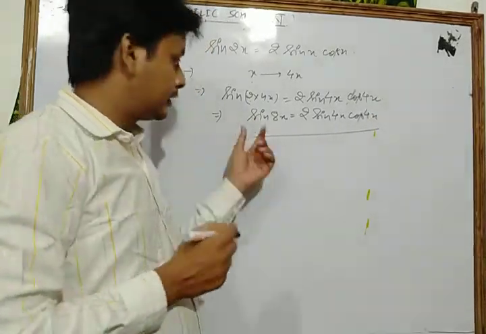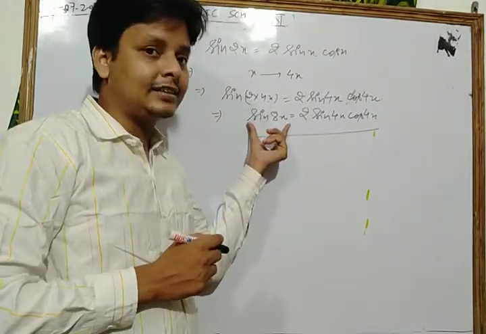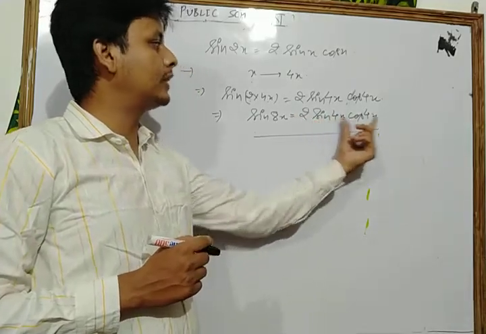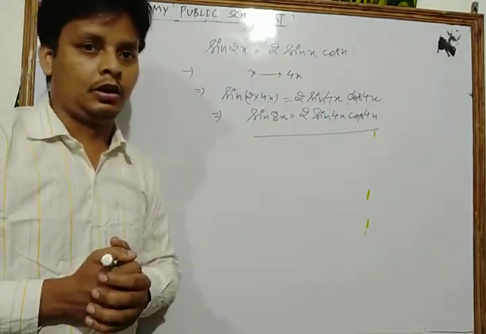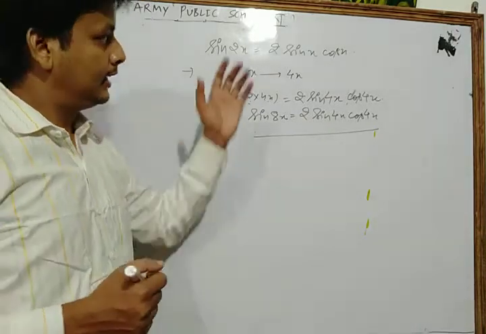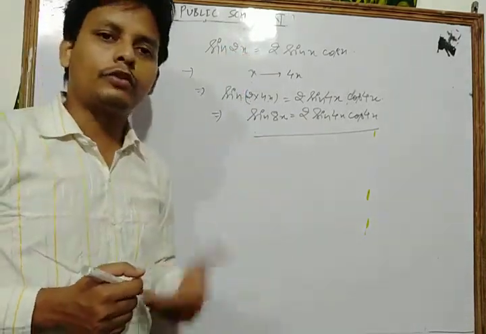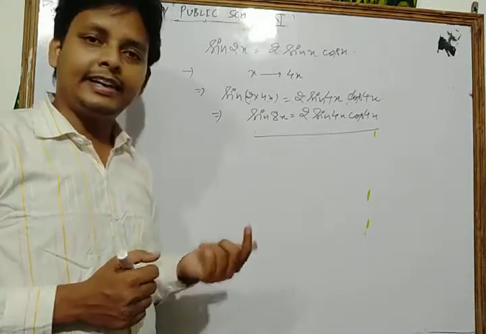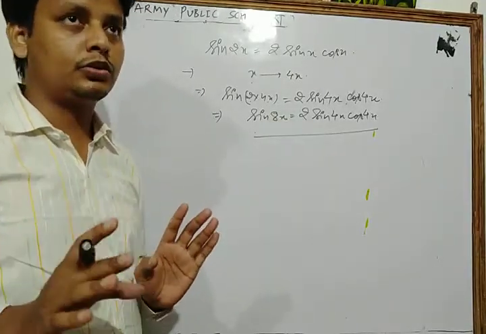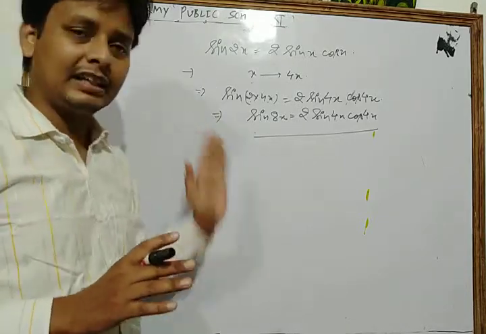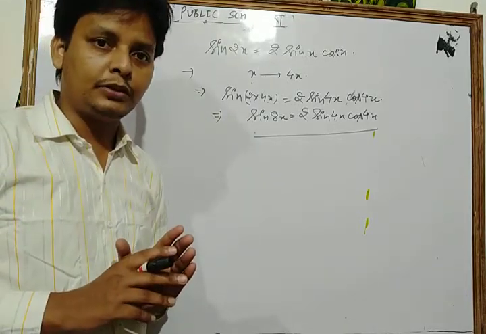So the formula for sin 8x we can write as 2 sin 4x cos 4x. Similarly, we find the values of cos 8x, tan 8x, etc. in the same way. So dear students, please remember all these concepts.